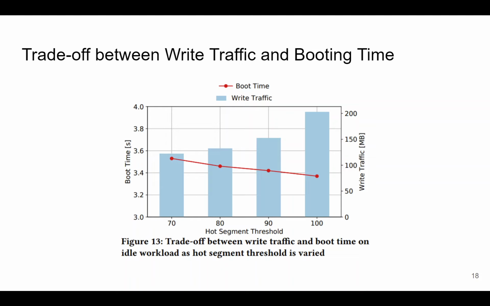Once the threshold gets close to 100%, write traffic increases dramatically. We see similar trends on other workloads, and we found that our hot segment threshold of 90% provided a good boot time with reasonable write traffic. The results in this paper have been shown with a threshold of 90%.